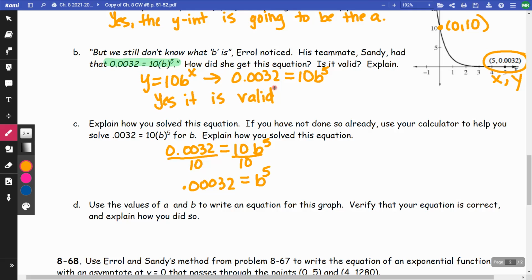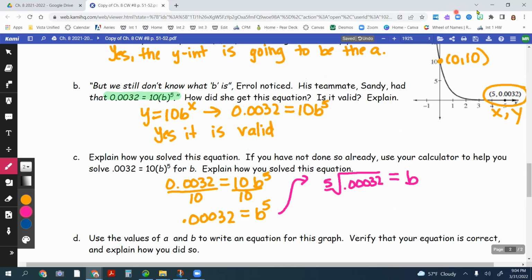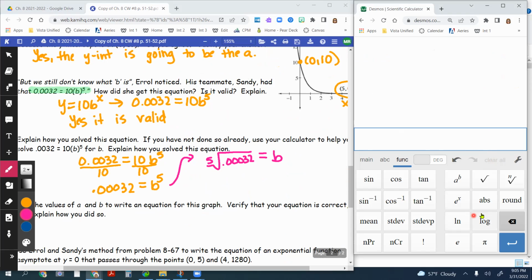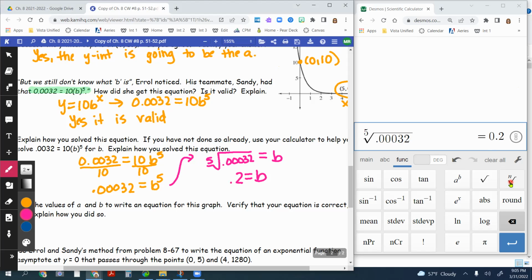What we're going to do is take the 5th root of both sides. So we're going to end up with the 5th root of 0.00032 is equal to b. So let me put it into this calculator here. I'm going to be doing the 5th root of 0.00032, and we end up getting 0.2. So we get 0.2 is equal to b.